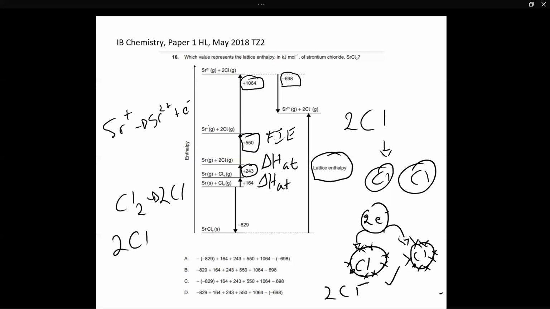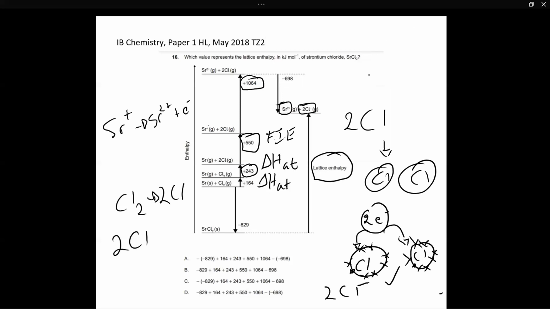And in this case, since we have 2 moles of chlorine, we have multiplied the first electron affinity of Cl by 2. You can calculate what the electron affinity of chlorine is, just divide negative 698 by 2 if you would like to find out, but that's really irrelevant to this question. So that is the first electron affinity. At the end of the whole process, we have formed Sr2 plus and 2Cl minus.